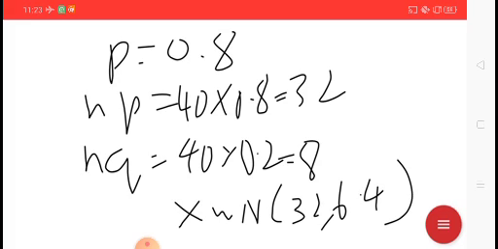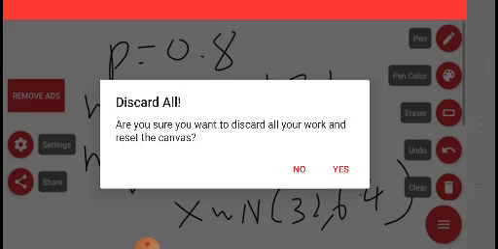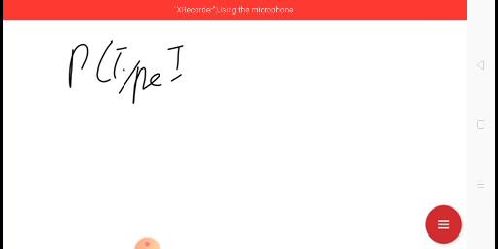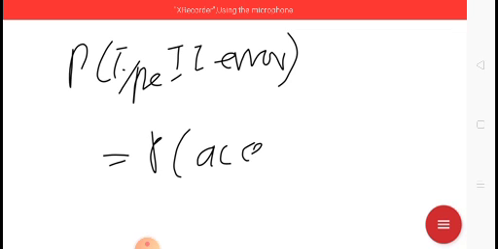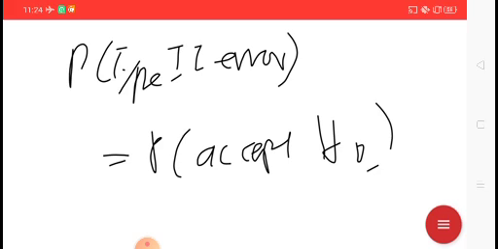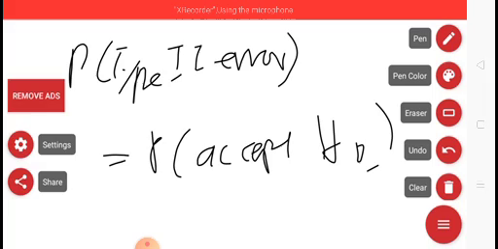So now you can try to calculate the probability of type 2 error. The probability of type 2 error will be the probability that you accept H0. Remember that, accept H0.